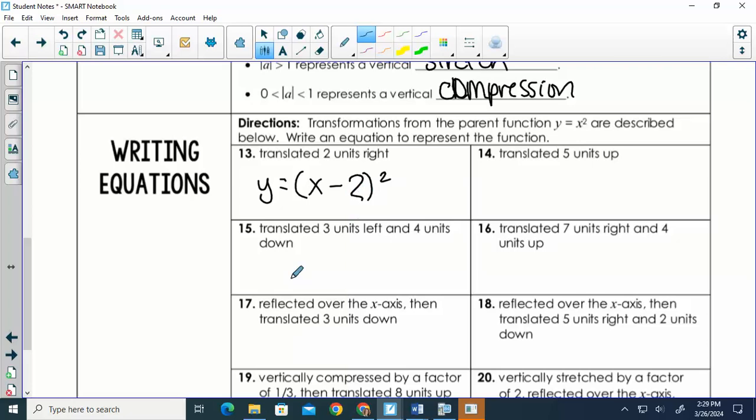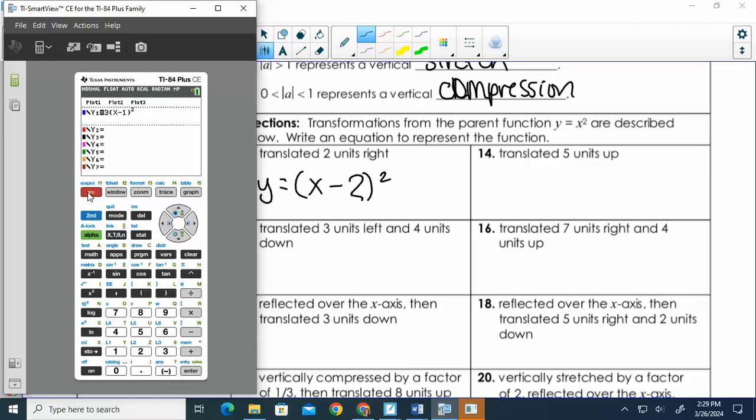If you wanted to check yourself, what could you do? Yeah, could we graph them? Do me a favor, go to your graphing calculator. Go to your y equals. I want you to type in x squared, and then go down and we're going to put in a second equation. We're going to do x minus 2 squared.